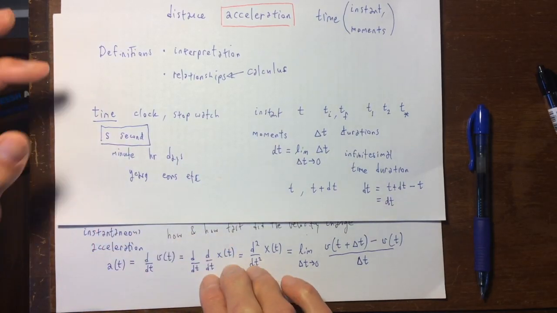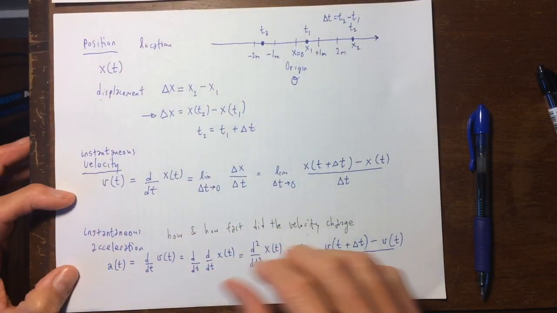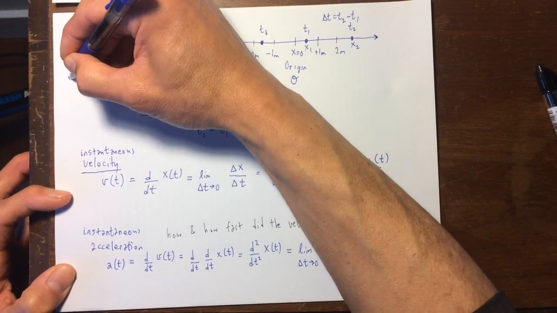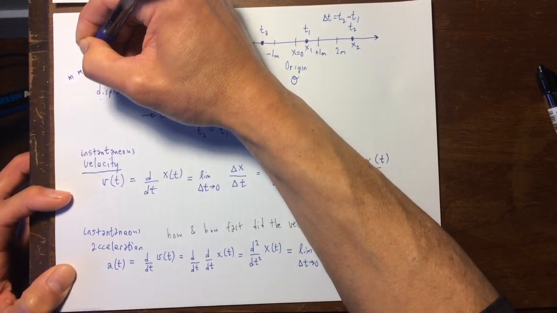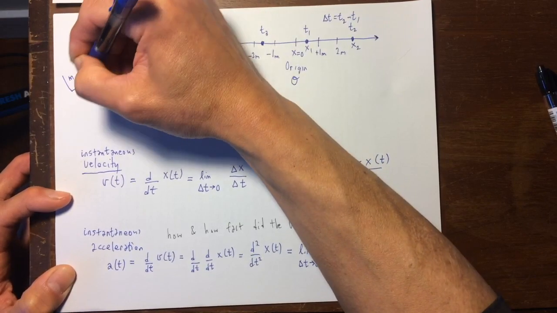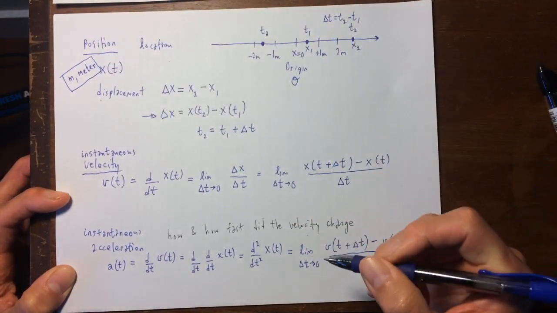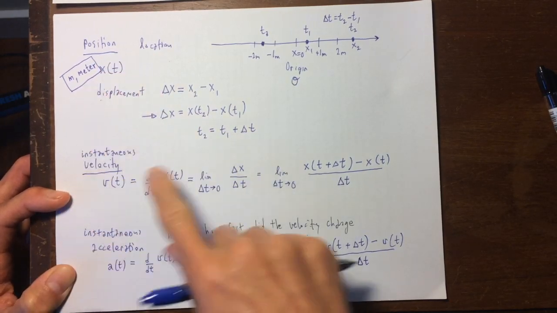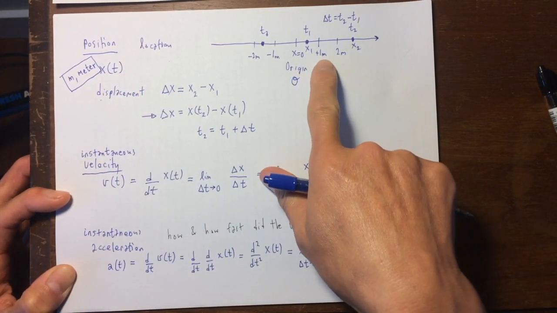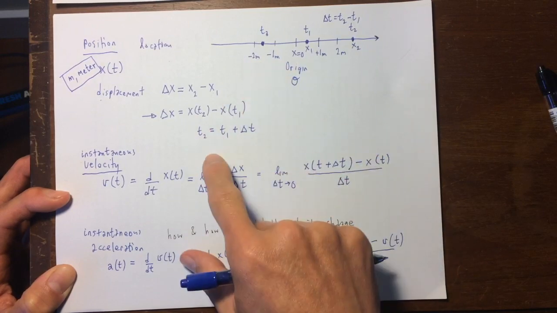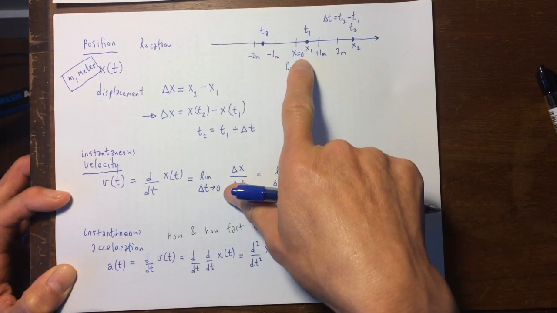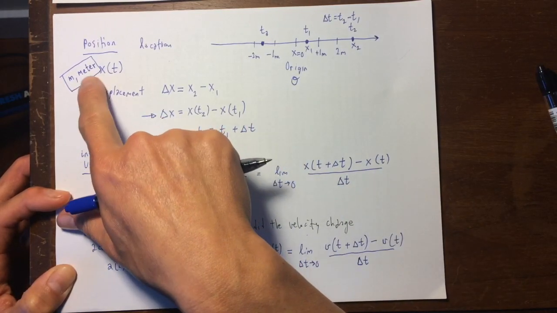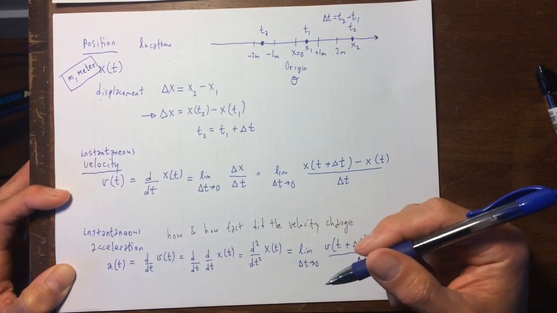For the position, we're going to use the meter as the SI unit to describe locations or positions. And I can have positive amounts of meters, but also negative amounts of meters. I can have no meters at all. So m for the meter.